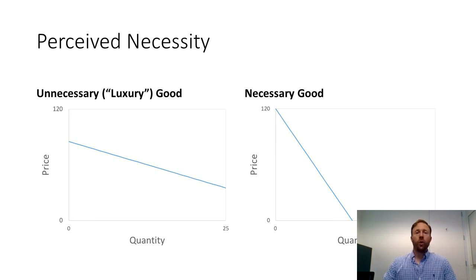The only people who own horses are either fairly wealthy, or if they're middle class, they just have a love of horses and they're willing to give up a lot of consumption of other goods instead. Okay, so that perception isn't stable. Well, it might be stable over the medium term, but over long time horizons, people can change their mind about what is a necessity and what is a luxury.